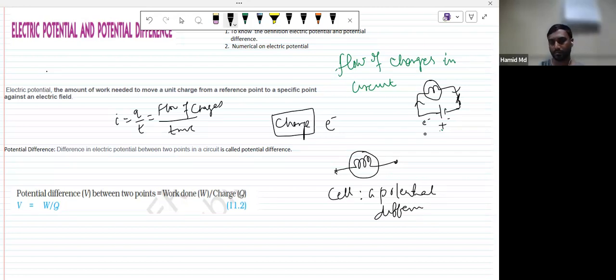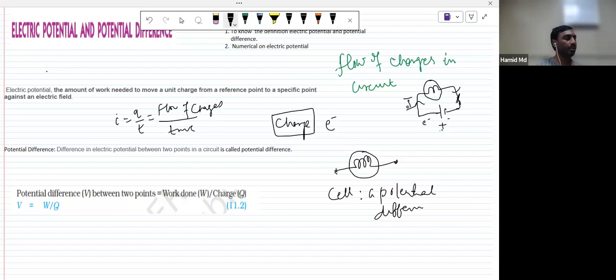This point is clear? As electron is negatively charged, the positive terminal of the battery will attract it. So motion of electron will be in this direction and motion of current will be in this direction, right? This point is clear? From where to where, sir?